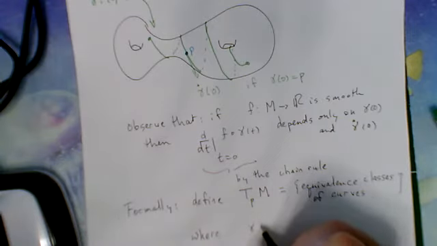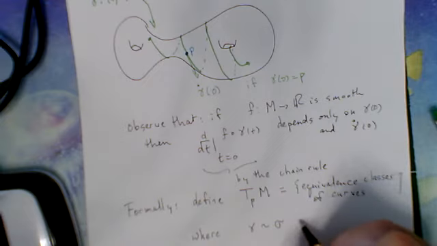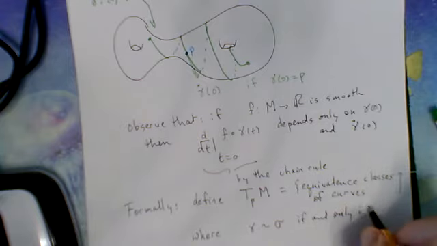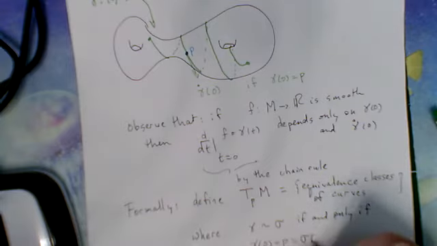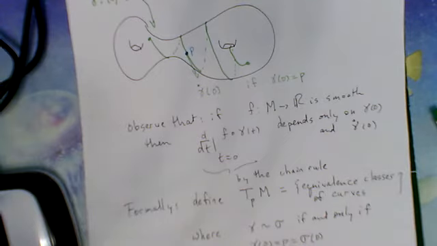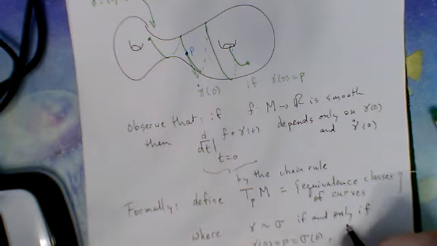I say that the curve gamma is equivalent to the curve sigma precisely when the initial points coincide and the derivatives at 0 coincide.